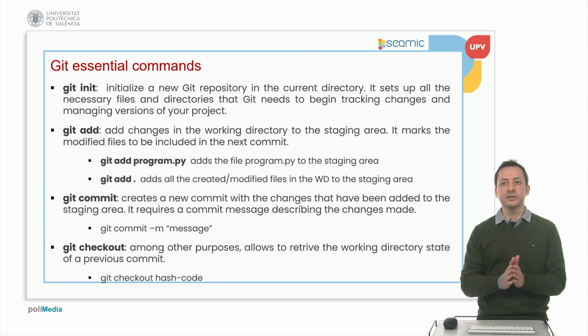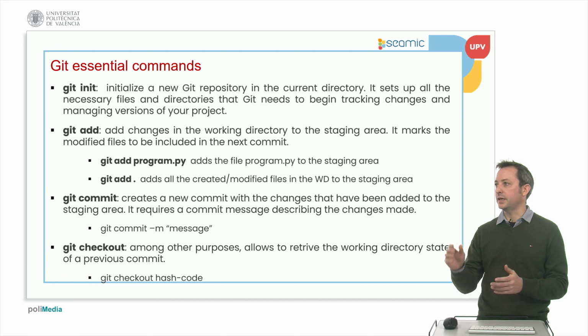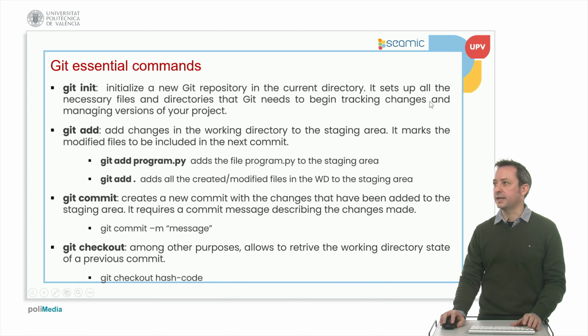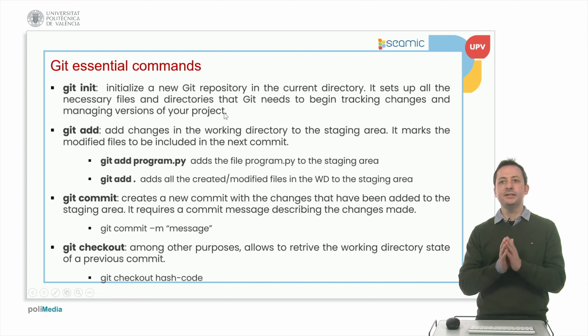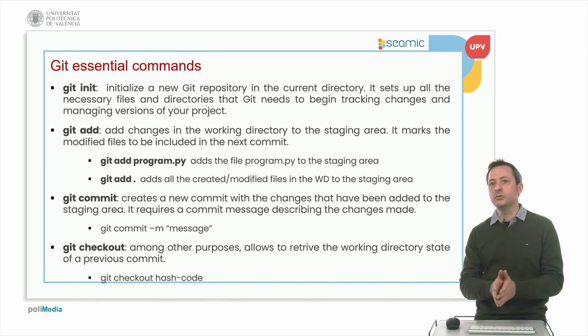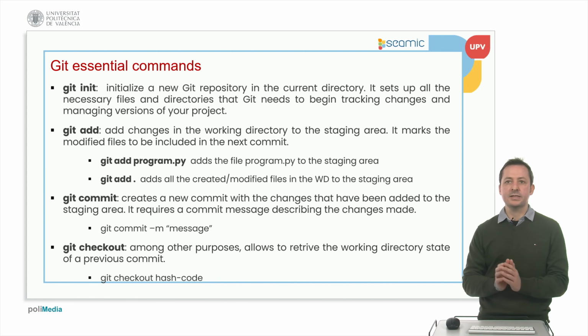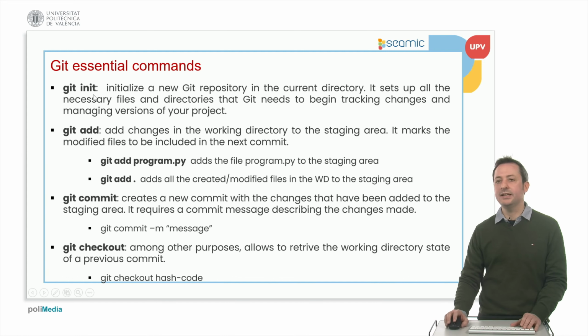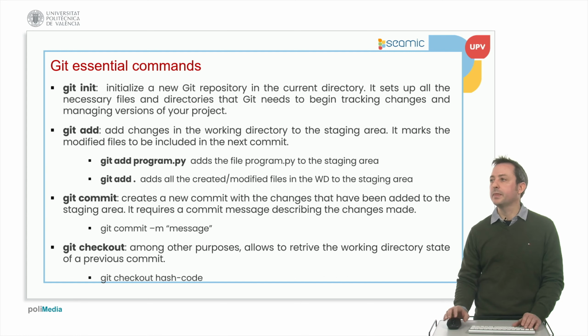In order to perform these operations, Git defines different commands, such as the ones that you can see here. First of all, at the very beginning, we need to create a brand new repository. This is carried out by using the git init command. This creates the .git directory and initializes the repository with the needed information.